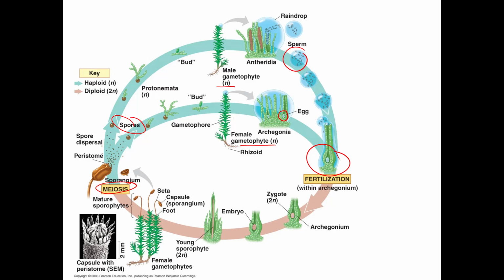Sperm meets egg, fertilizes in essentially the womb of the plant, if you want to think of it that way. Okay, and then that makes your diploid zygote. Starts to form the embryo, which then forms your sporophyte, and then you do meiosis again, right?